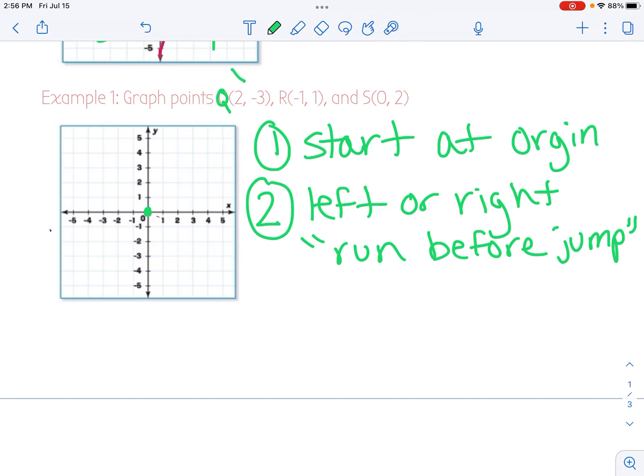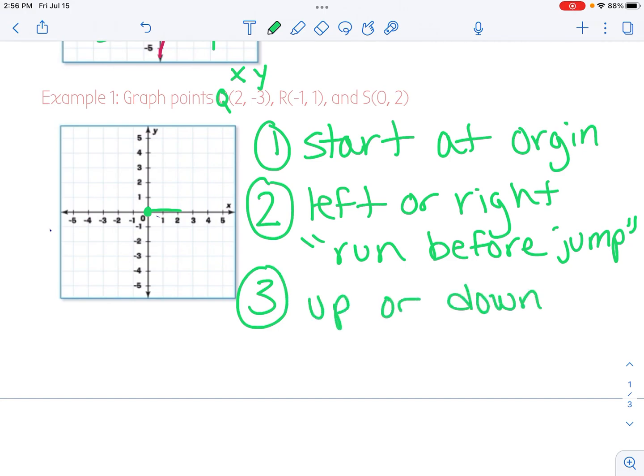So with our first point Q, we're going to look at our first term, x, because x goes left to right. In this case, our x is positive 2. Do we think positive 2 is going to go to the left or the right? Positive 2 is going to go to the right. So I'm going to go over to my positive 2. And then my y, my up or down, is next.